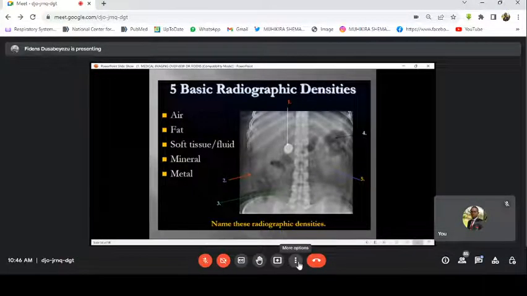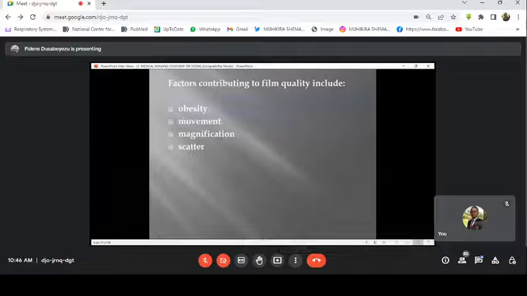All right. So there are some factors that can contribute to the film quality, because when you are producing X-rays or images in radiology, you have to take care of the quality for radiologists to be able to diagnose a disease.